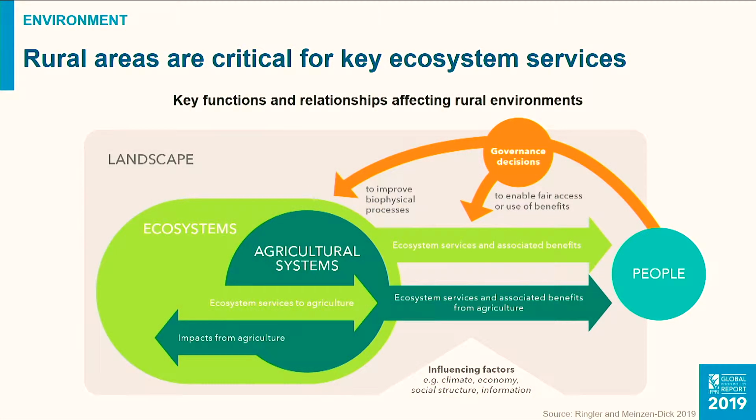This graphic shows somehow the links between how agricultural systems feed into the ecosystems, but how the ecosystems feed into agricultural systems. What I want to draw attention to are the orange lines there about how governance decisions can actually affect those ecosystem services.